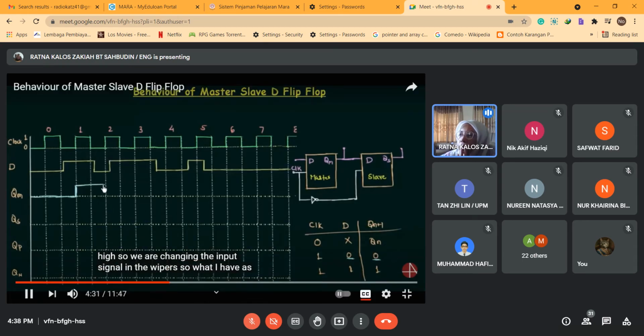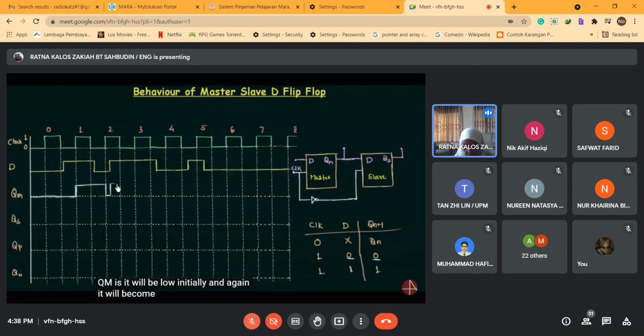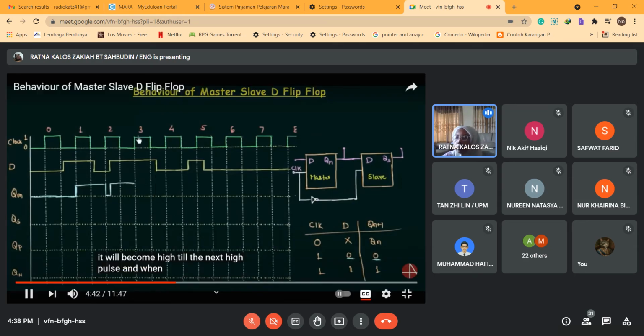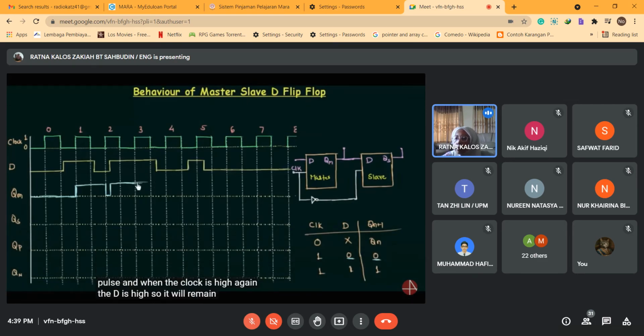So what I have as QM is, it will be low initially, and again it will become high till the next high pulse. And when the clock is high again, D is high, so it will remain high for the next high pulse.